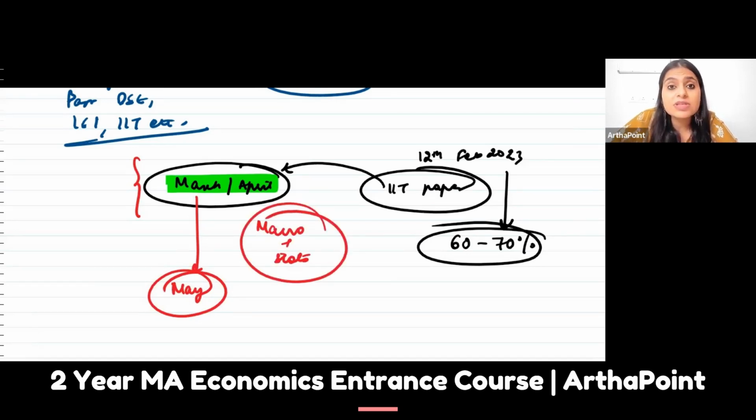Touch on the topics which are of more importance, not only when it comes to your entrance exam, but also when it comes to doing your masters. If you take admission in Delhi School of Economics, everything is going to be mathematical. So maths and micro is what you have to focus on for the next 5-6 months.